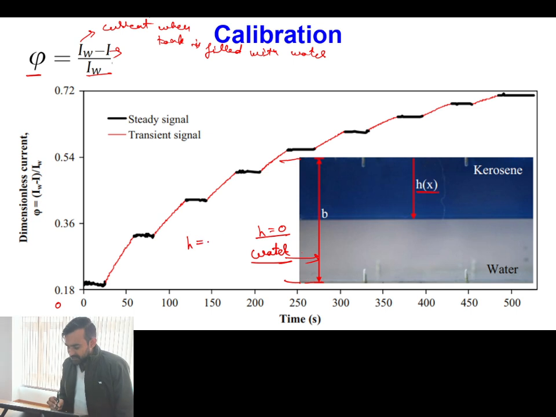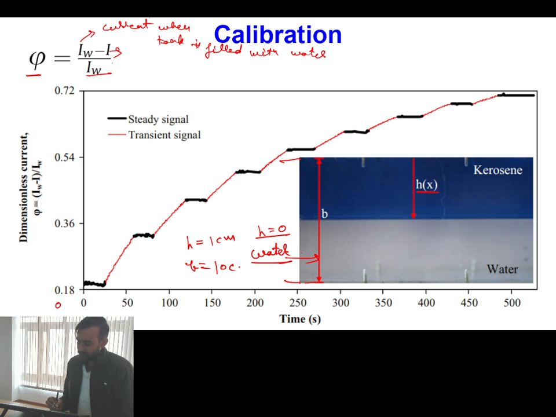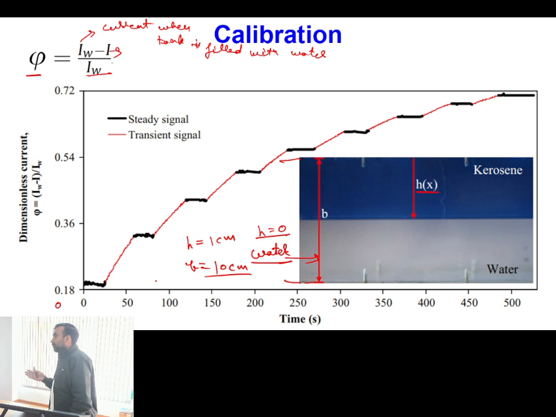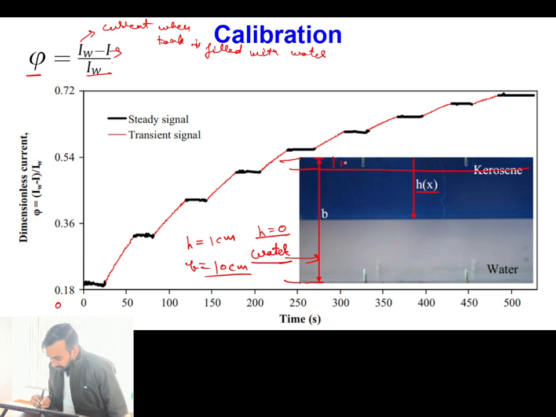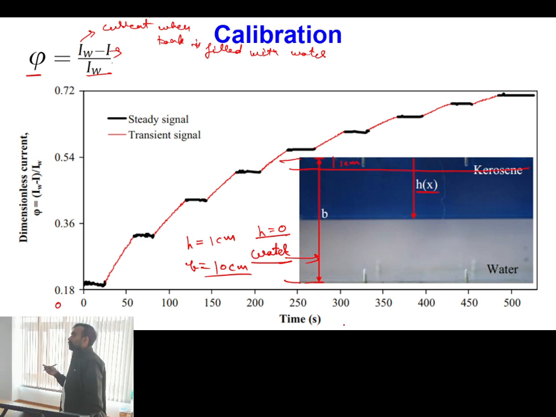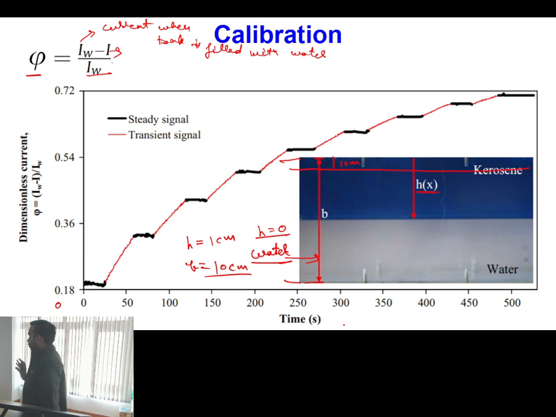H is made equal to 1 centimeter, and B, the spacing between the two plates, is 10 centimeter. Once H is equal to 1 centimeter, the kerosene is only present in the top 1 centimeter portion and the remaining 9 centimeter portion is covered with water.